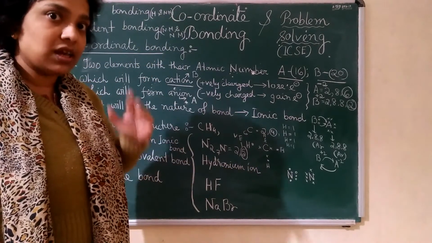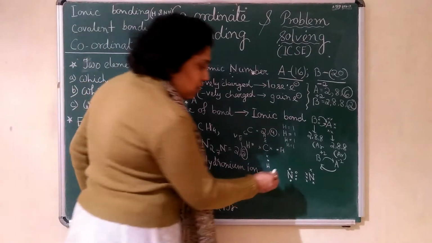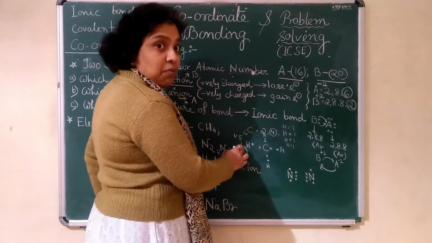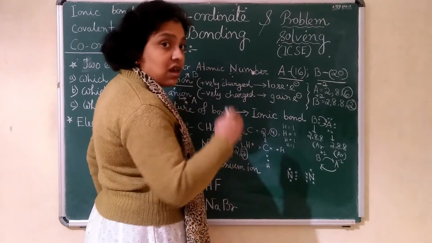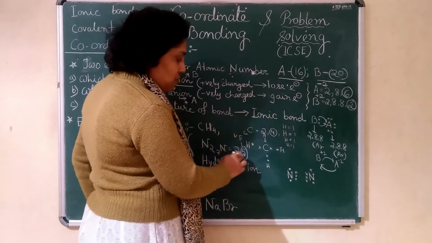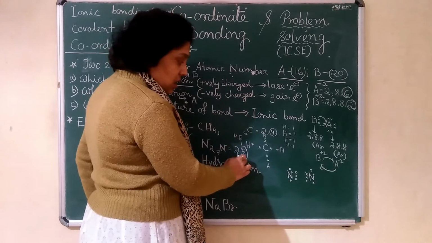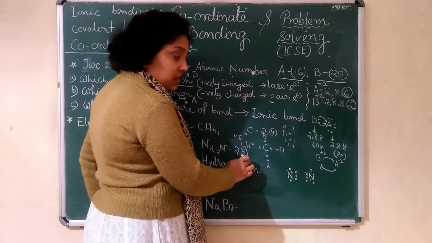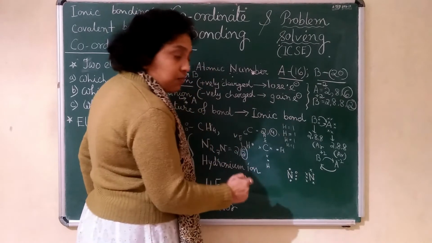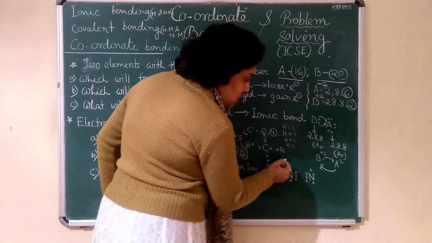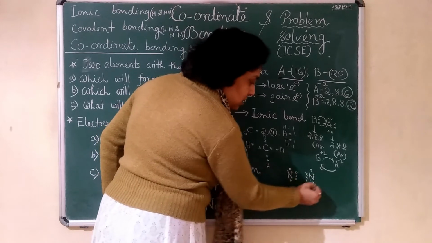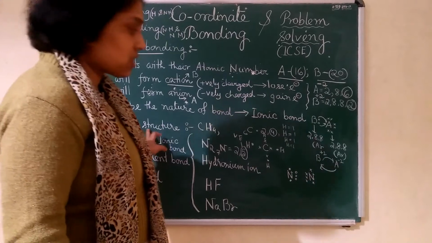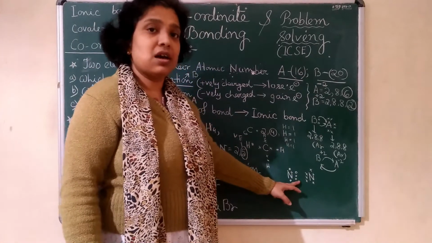If they ask for bonding, then you will try to make it 8, because nitrogen is near neon, and neon has 2, 8. So you have to make 3 more electrons, to make it 2, 8. So for that 3 electrons you have to share. So then you will share like this. You will share like this. That time it is bonding. But when they are asking electron dot structure, only you have to show the electrons.